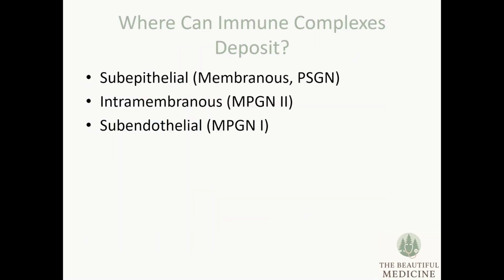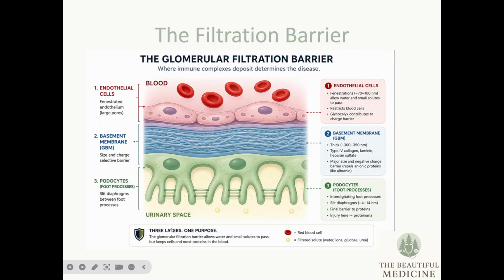So where can immunocomplex deposit? This is key. If it deposits subepithelial, it's membranous or Post-Streptococcal Nephritis. This has a different name nowadays, and they can use it on real questions. And intramembranous, let's get back.